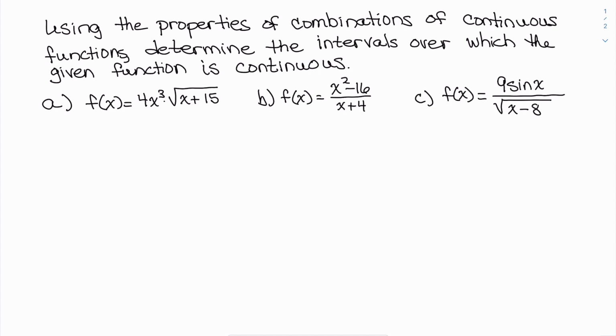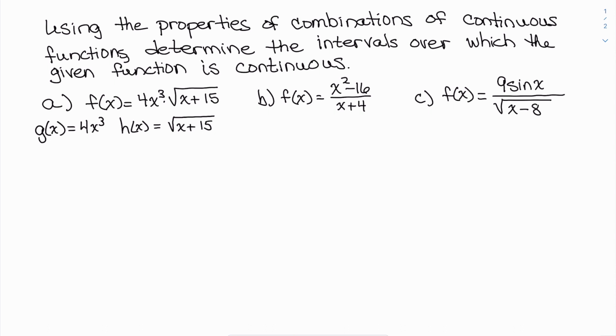Now in part A, I have the function f of x is equal to 4x cubed times the square root of x plus 15. Now this function f of x is made up of two functions multiplied together. So I have the function g of x, which is my 4x cubed, and h of x, which is the square root of x plus 15.